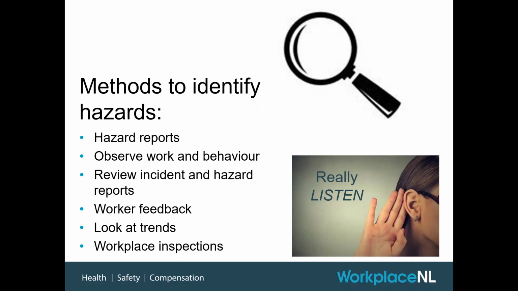Some methods that you could use to identify these potential hazards might be, of course, if a worker completes a hazard report form, then you look there. A really great way to identify hazards is just standing back and observing the work being done, watching the workers doing their work with the tools that have been provided for them, or maybe the tools that have been provided for them but they're not using, but actually observing, right?